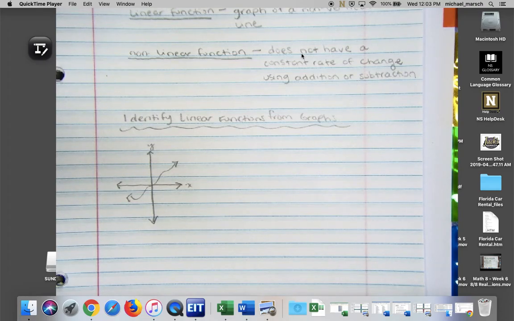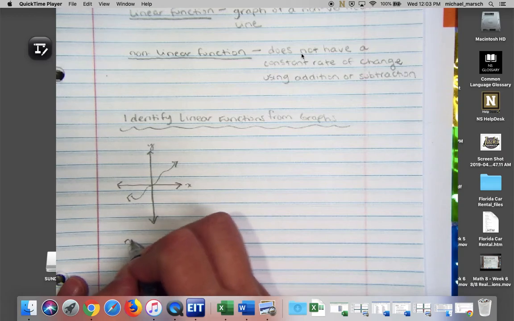First of all, is this a function? Yeah. Sure is. None of my x values repeat. Is it nonlinear, or is it linear, meaning it's a straight line? Nope. So this would be a nonlinear function.